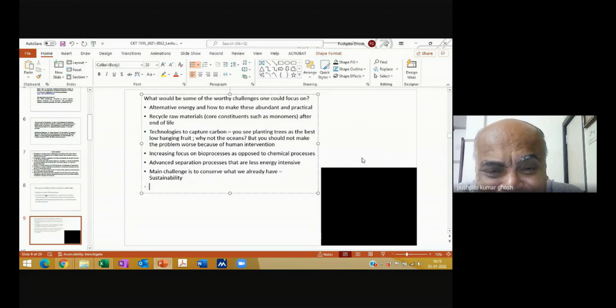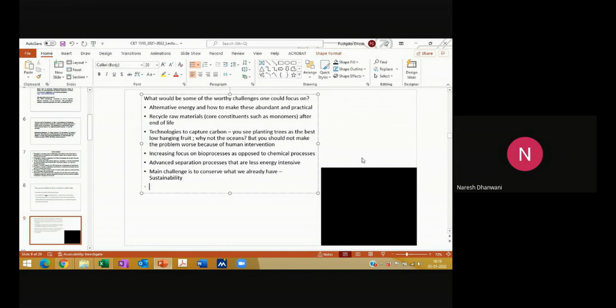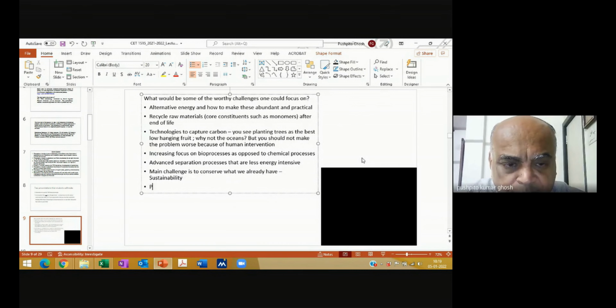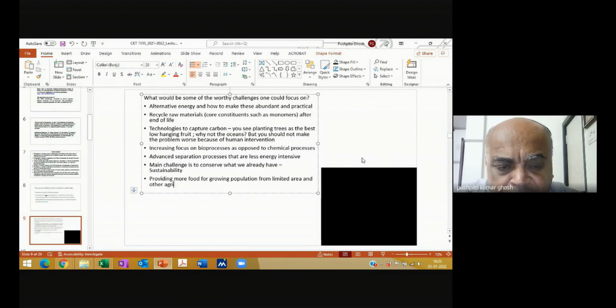Anything else? Sir, providing food for the growing population with limited land area. Providing more food for a growing population from limited area and other agri resources.